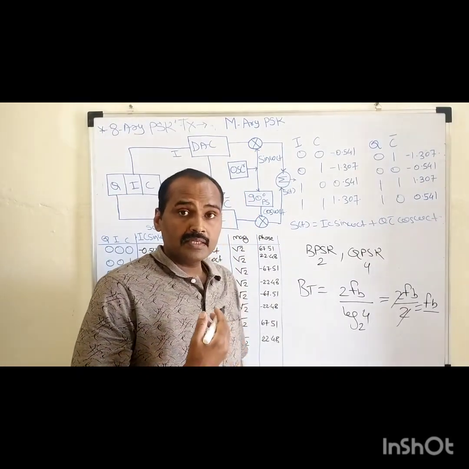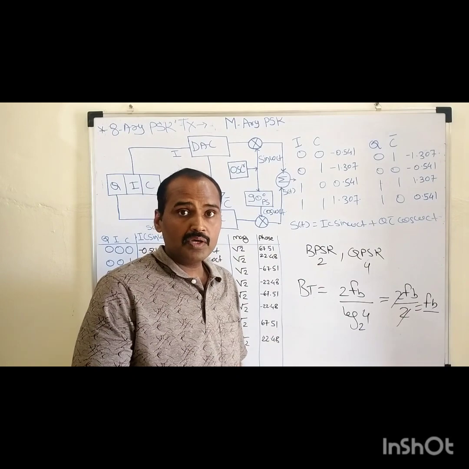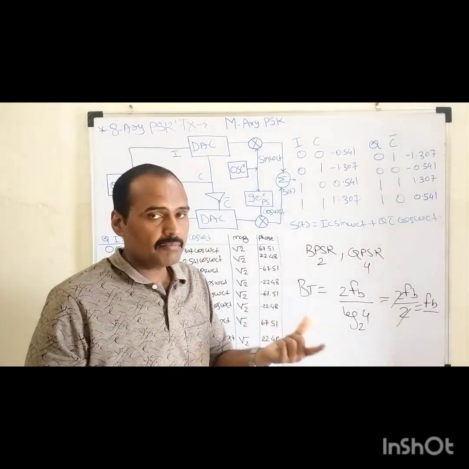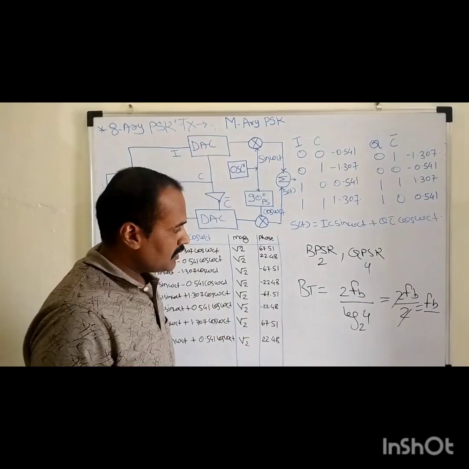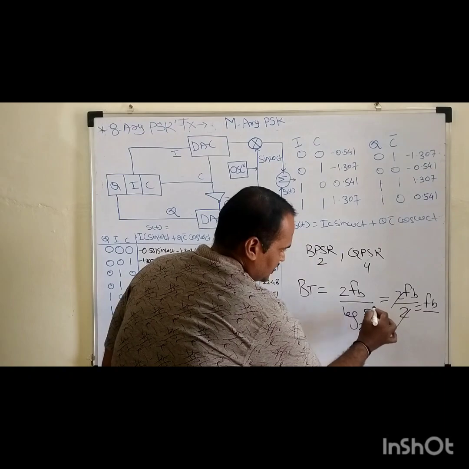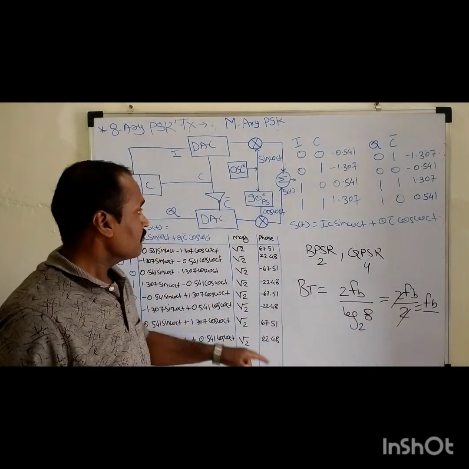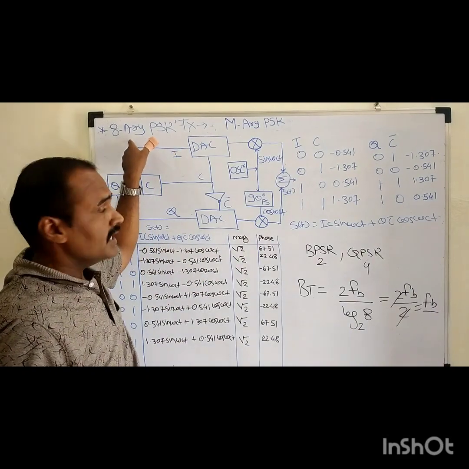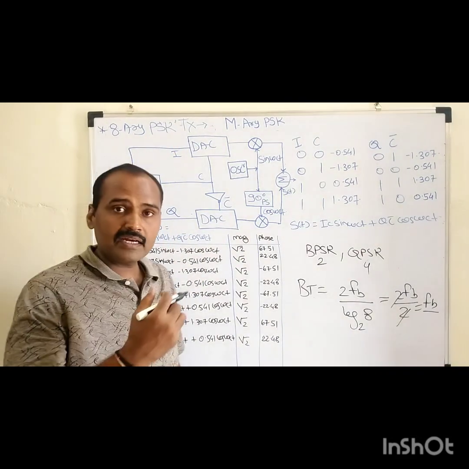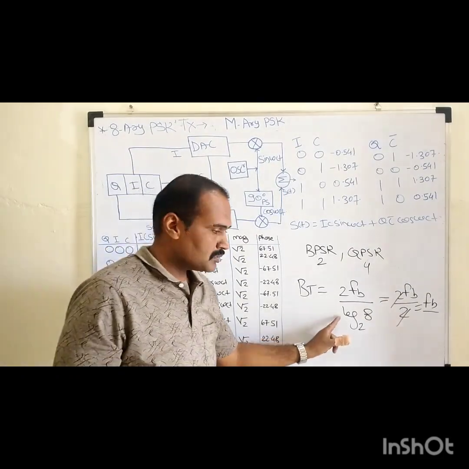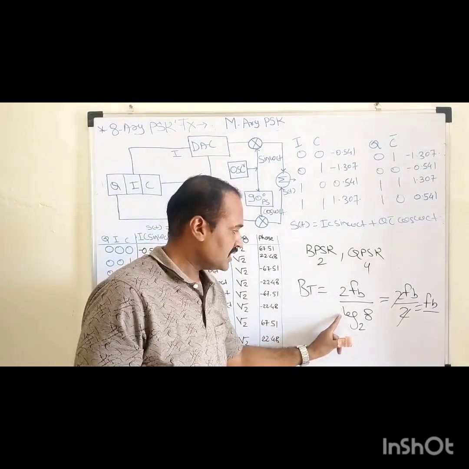Now, whenever we go for M-Ary phase shift keying, there are M number of symbols. Suppose M equals 8, because in today's session we will learn the M-Ary PSK technique by the virtue of 8-ary PSK, meaning 8 different symbols. Let us go through the bandwidth expression.